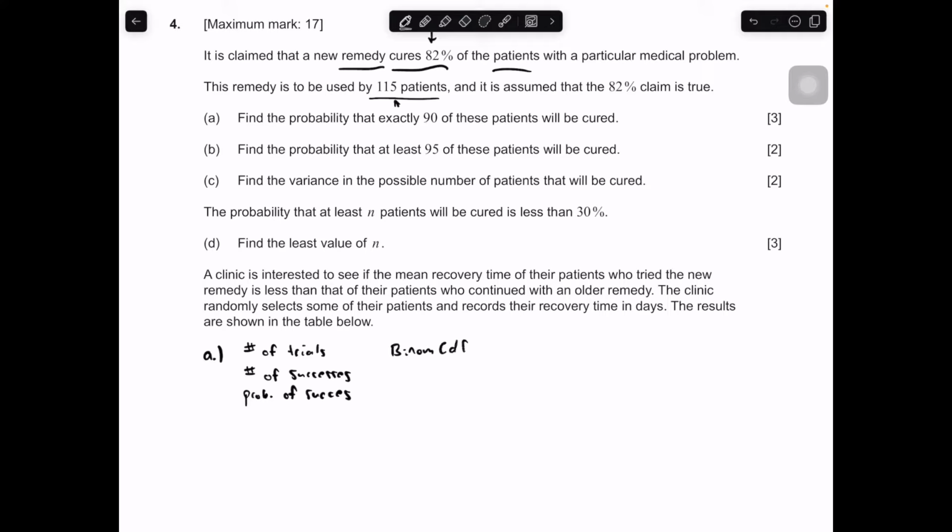I'm going to stick to CDF just because I think it's safer. 115, number of trials, probability of success, and then lower bound, upper bound, and this is equal to 0.0535, or roughly 5.35%. You can leave it as a decimal and that should be fine.